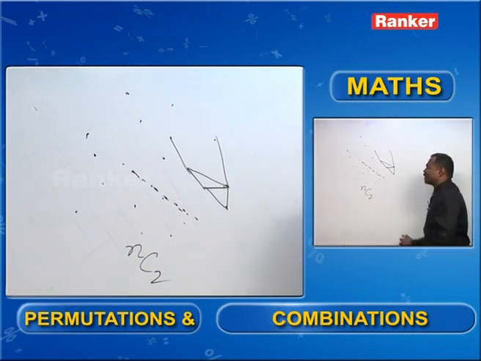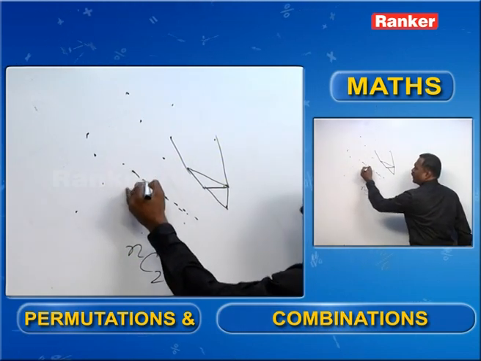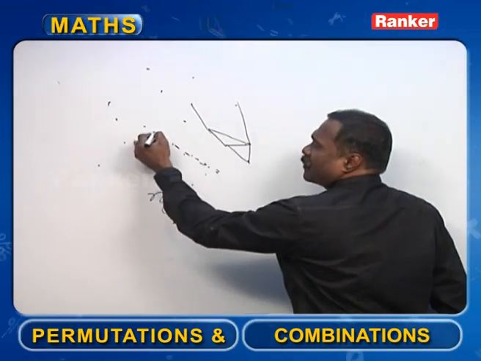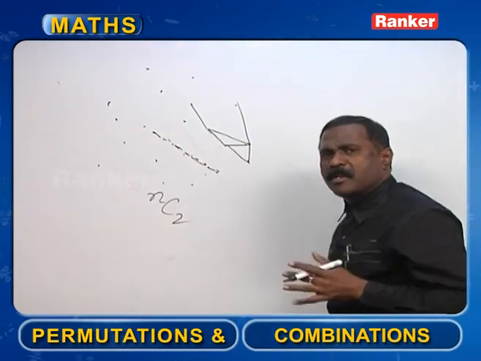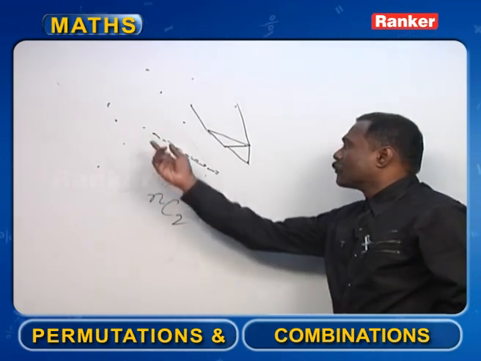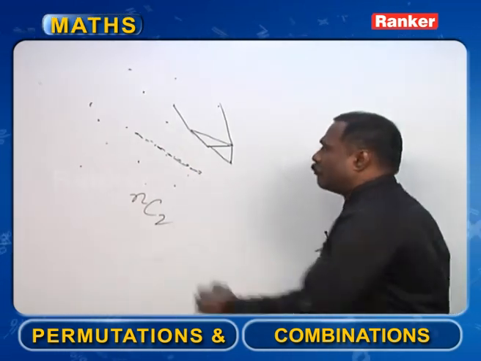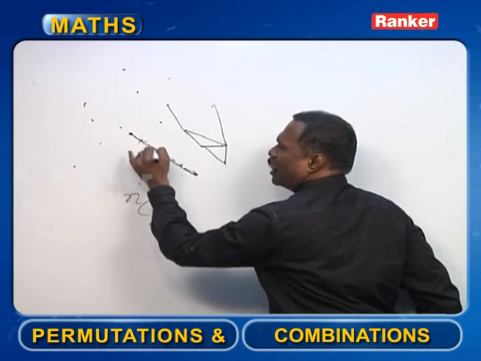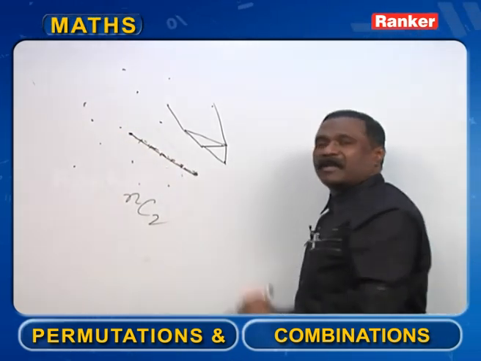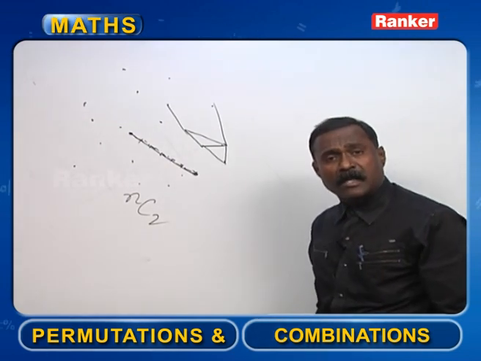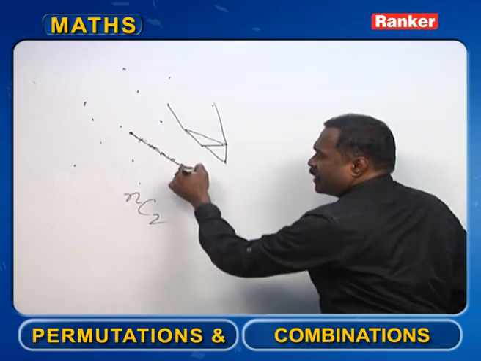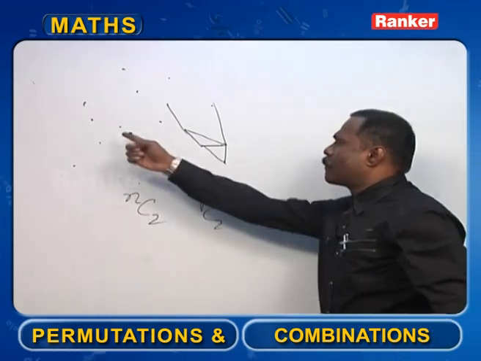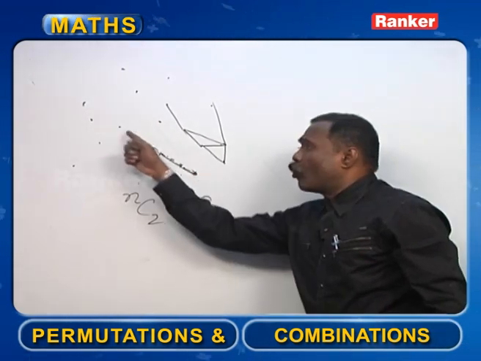But the problem is, here, all these P points are lying on the same line. That means they will not form PC2 lines, but they form a single line because they are all lying on the same line. So understand, these PC2 are also included in this one, but they are not PC2 lines, but they are one line.